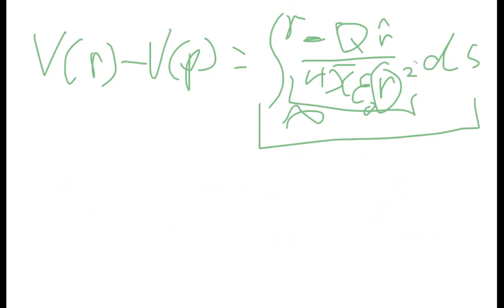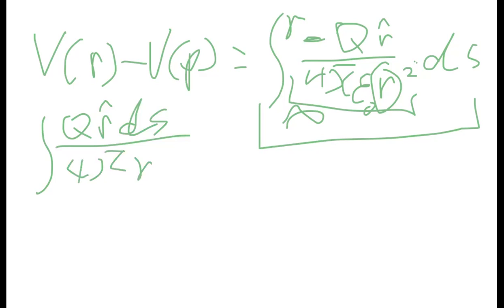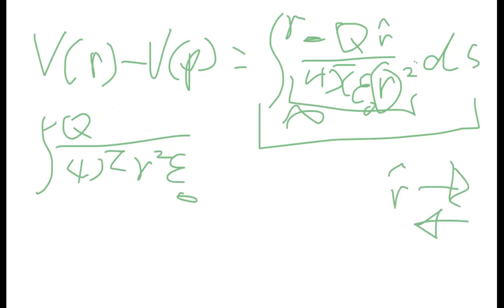So what's the integral of 1 over R squared? What's the indefinite integral of Q R hat ds over 4 pi R squared epsilon naught? And we can replace ds dot R hat with dr. We can actually say ds is going to be inwards, R hat is going to be outwards, so that's going to be another negative sign, so those just cancel, and we're left with dr. What's this indefinite integral?